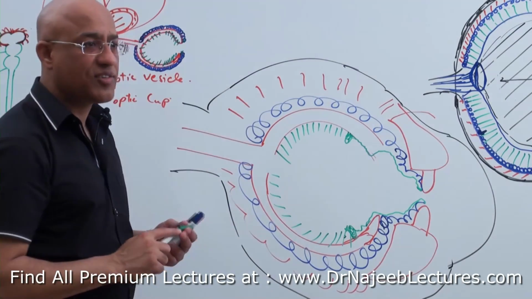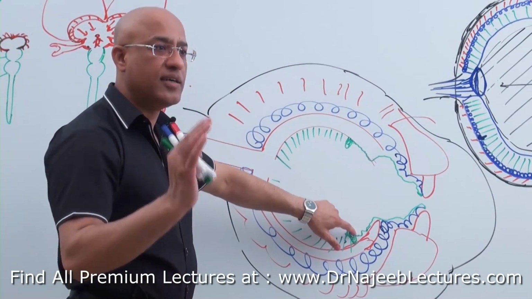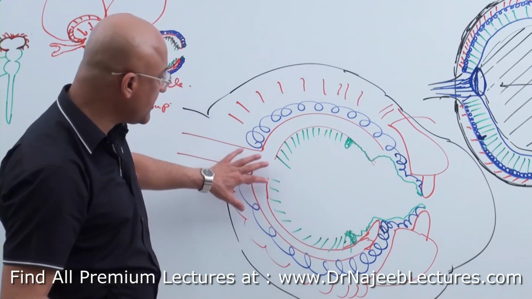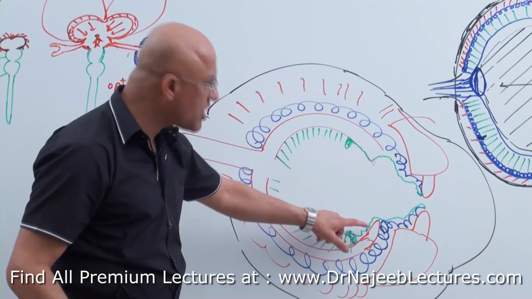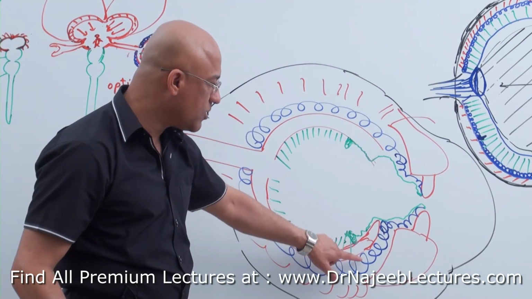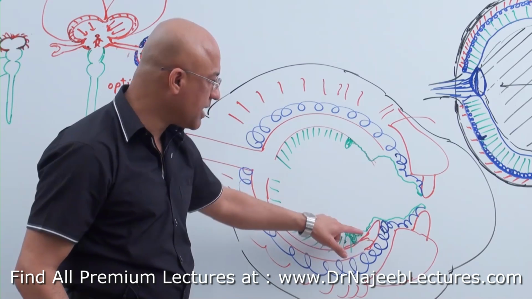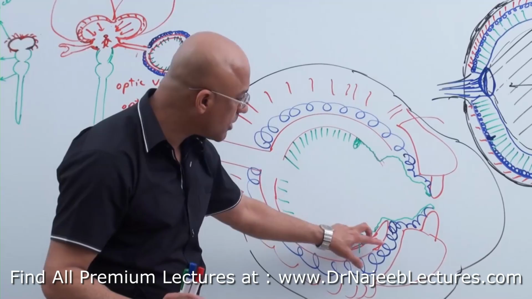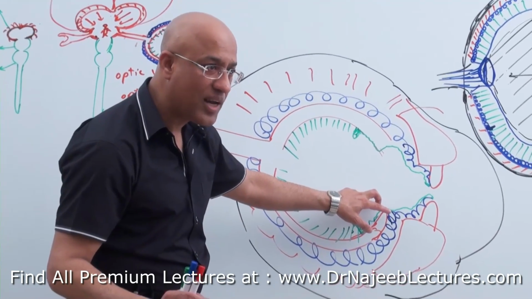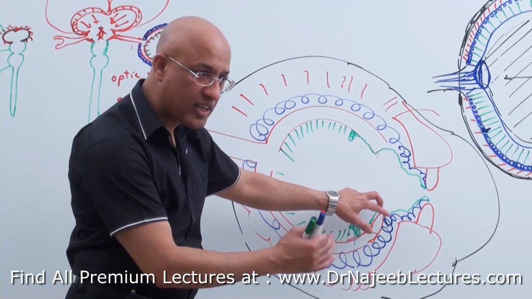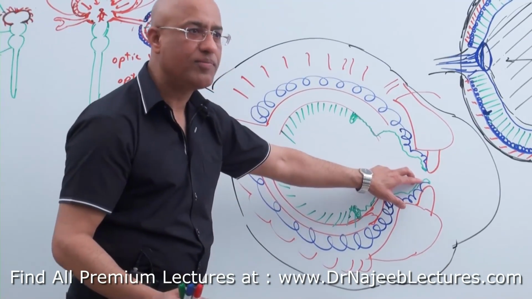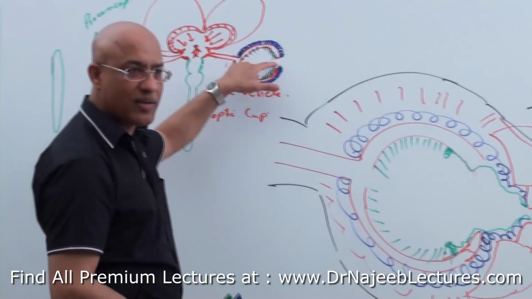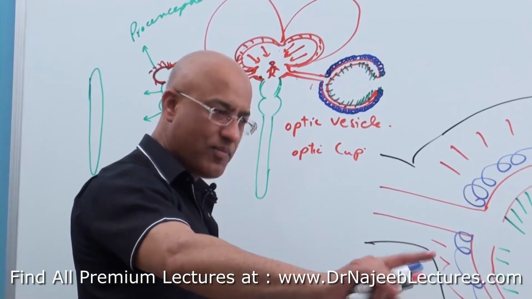Other authorities say that only up to the ora serrata is the true retina, and beyond that it is pigment epithelium, and neuronal layer cells convert into epithelial cells, and this double layer continues over the inner aspect of the ciliary body. This opening here is your pupil. Now you got it? Clear? Okay, good.